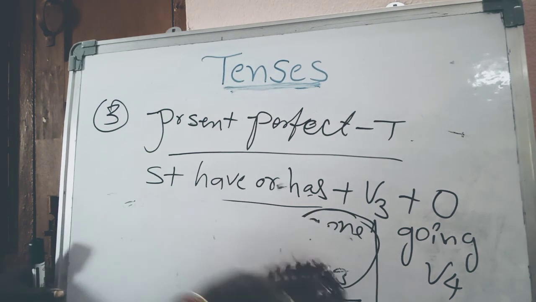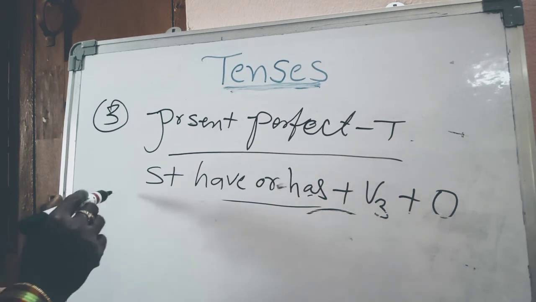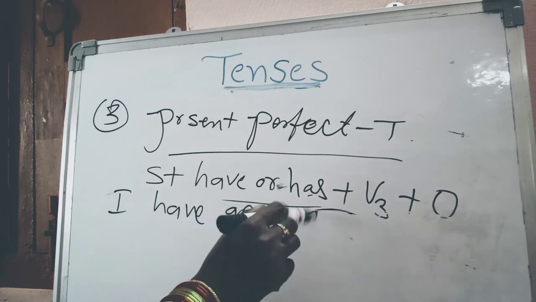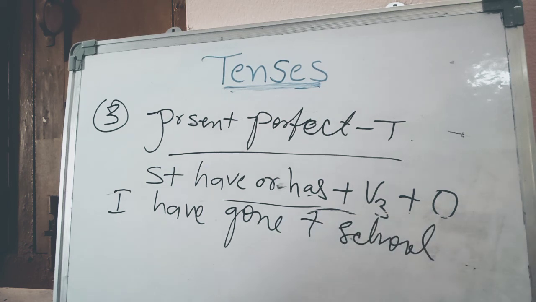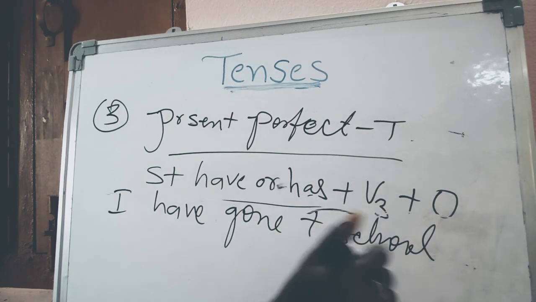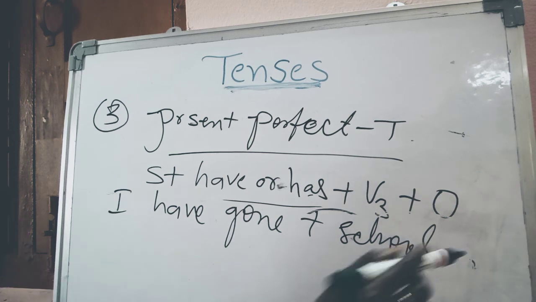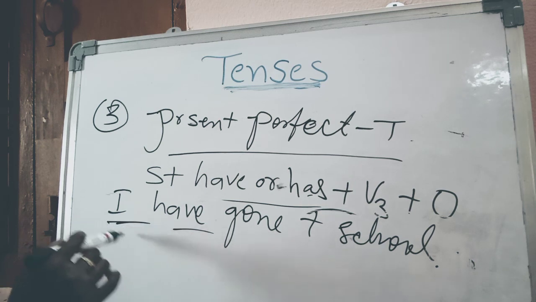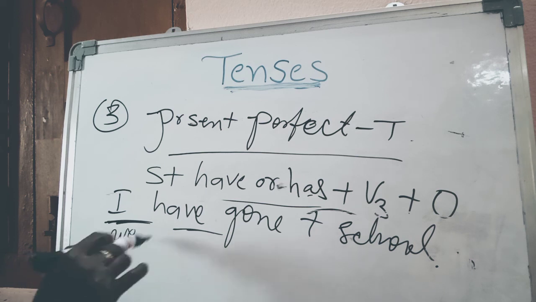Example of a V3 sentence. I have gone to school already. When we use I, we, and they, we should use have.